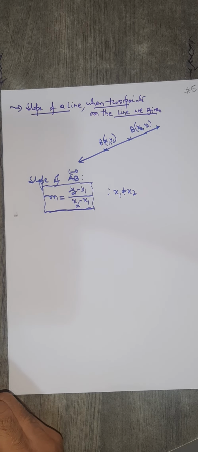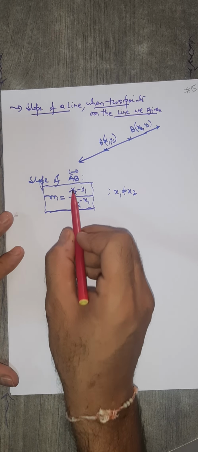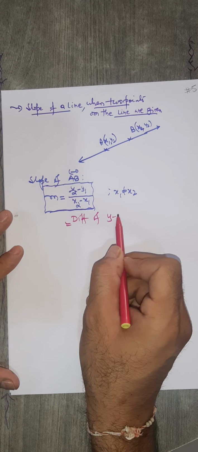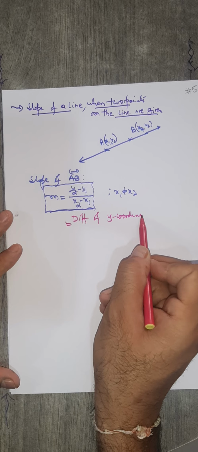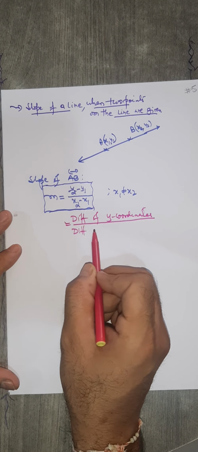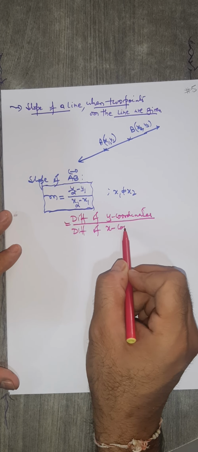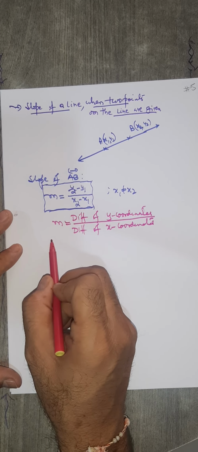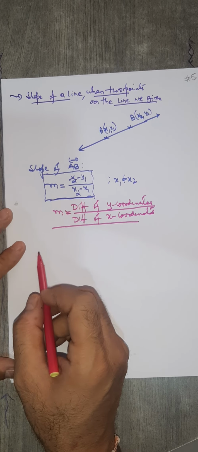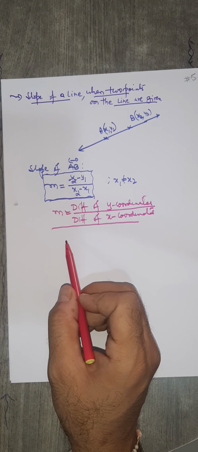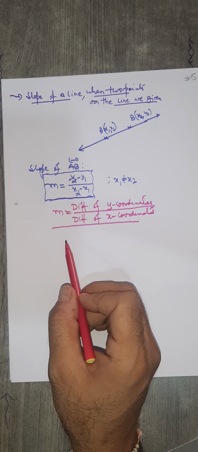What is the slope? y2 minus y1 upon x2 minus x1: the difference of y coordinates upon the difference of x coordinates. This is the formula to get the slope. If we are given 2 different points on the line, then we can get the slope by this formula.